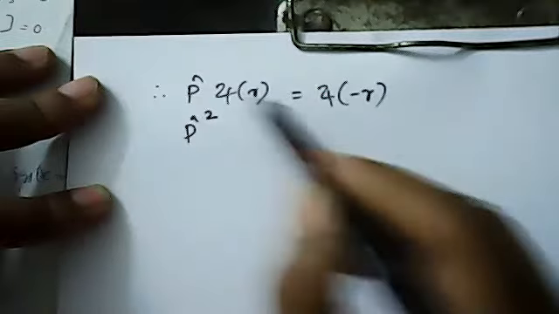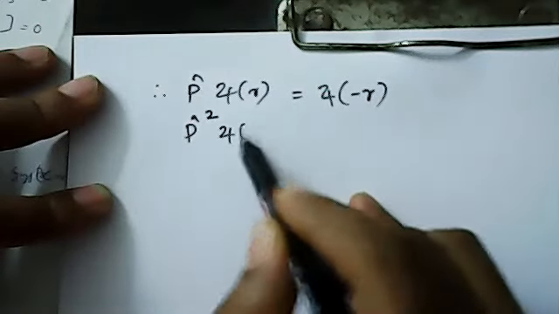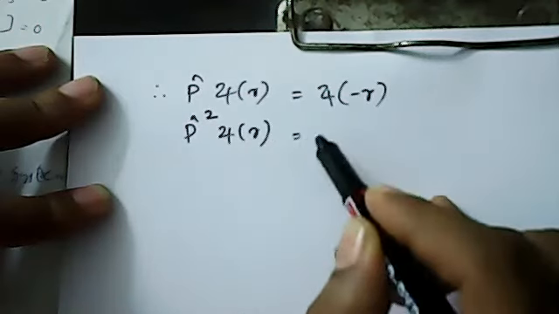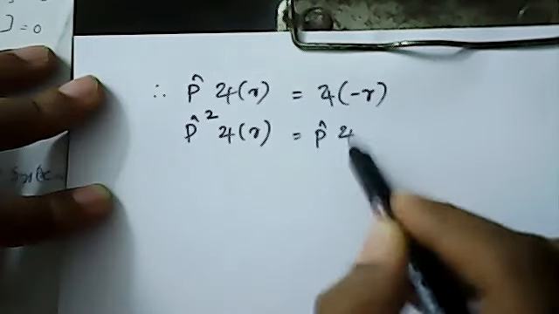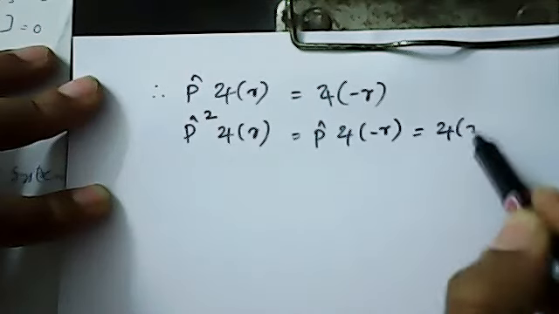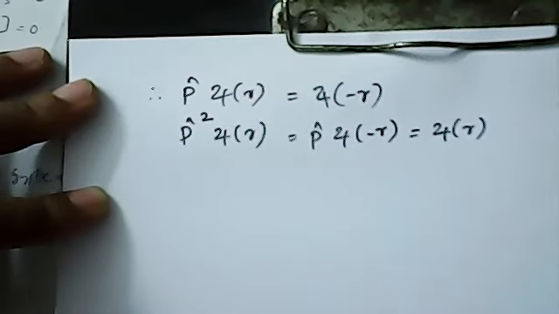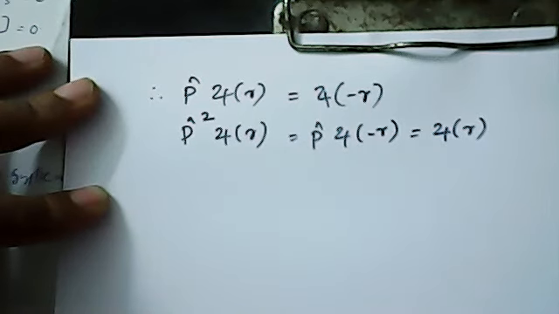Again P is acting on psi of minus R, so that becomes psi of R. Just like an involution, if you do the parity operation two times, the system returns to its initial state.